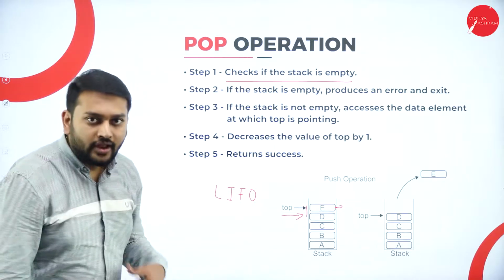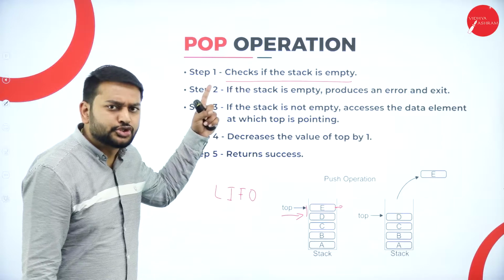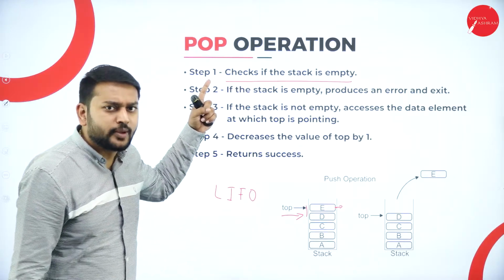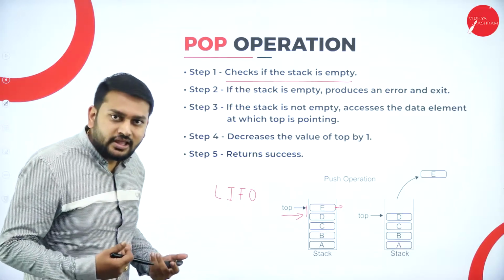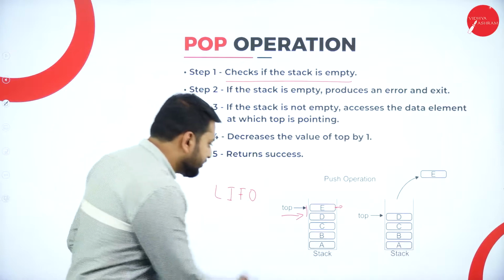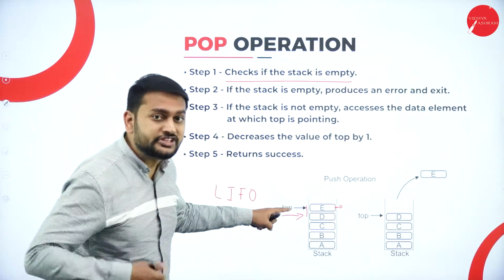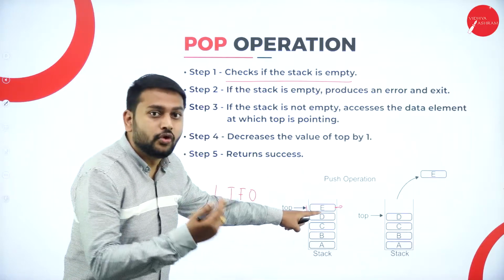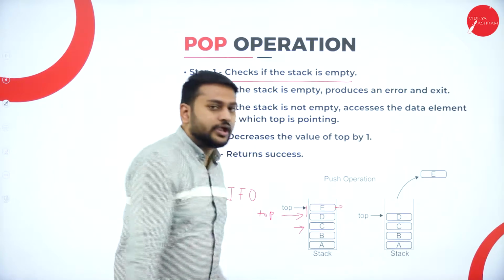Now what will you do? Again, I need to perform one more operation. Is it pop or push? Come on, tell me. It should be pop, because if I want to remove anything, it should be pop. So how do I remove? Imagine my top pointer is here. If I remove, which element will go? Obviously D will go. So my top pointer will get decremented and it will come to this location.